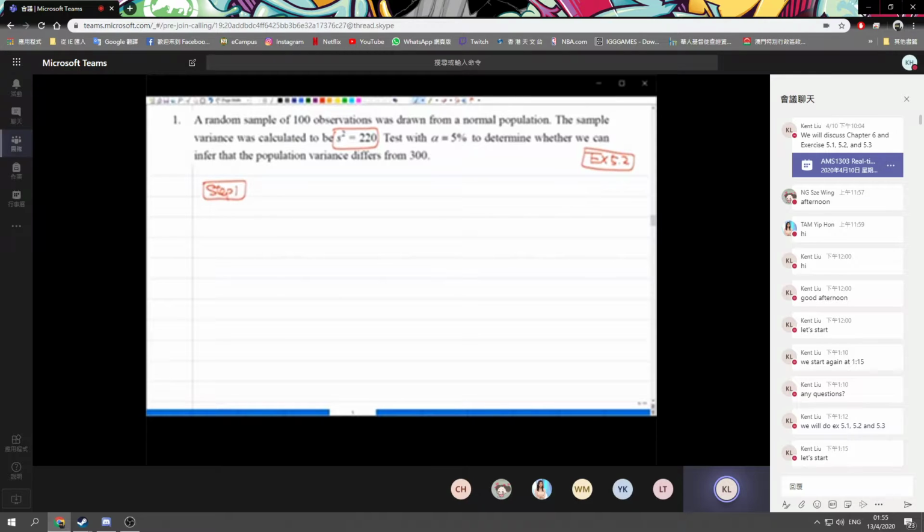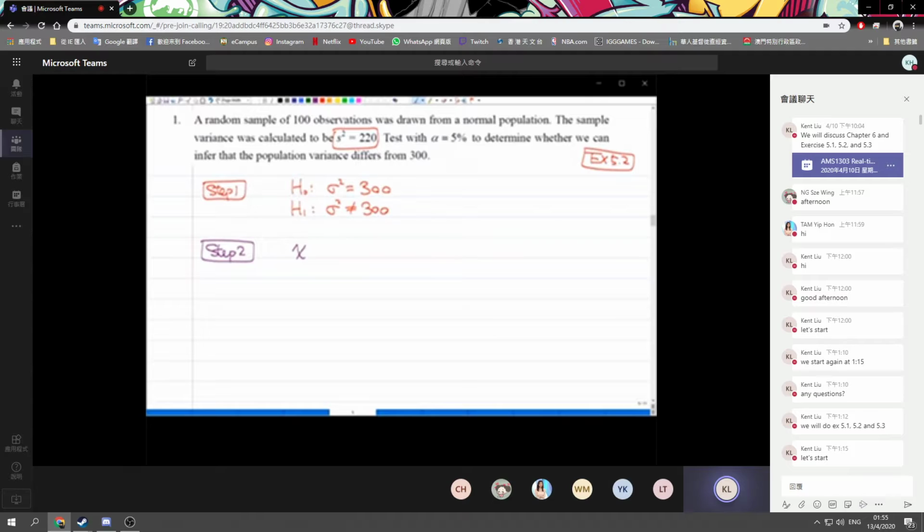Now here we want to see whether the variance is different from 300. This is going to be your alternative hypothesis, and so your null hypothesis is variance equal to 300. This will be a two-tailed test because in the alternative you can see not equal.